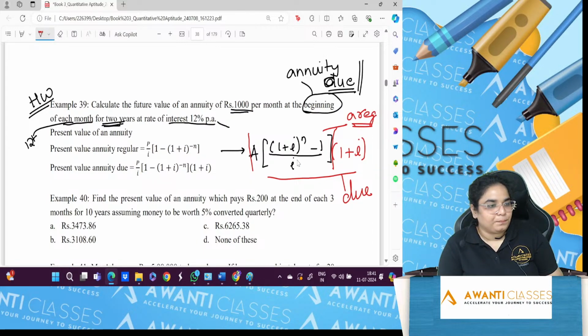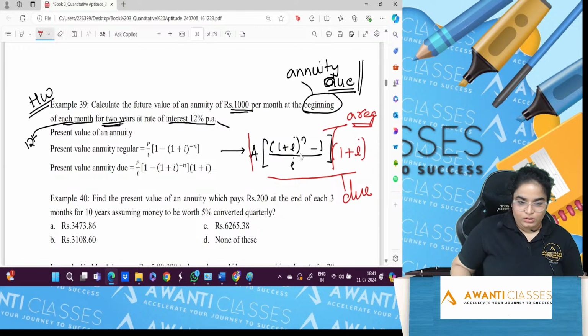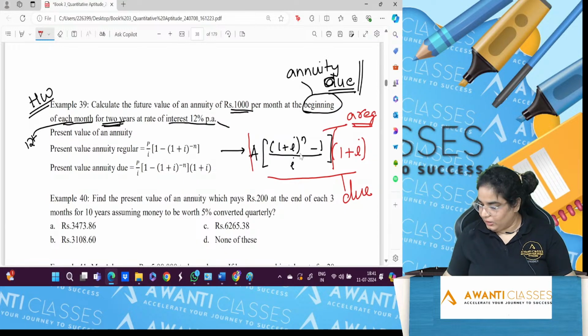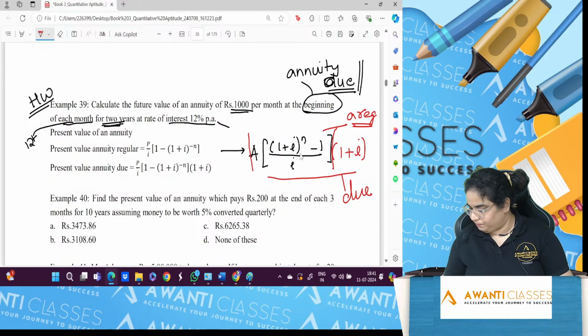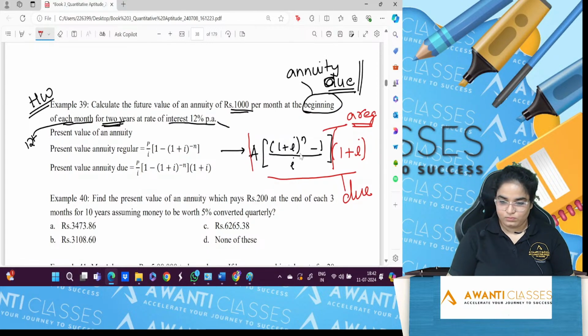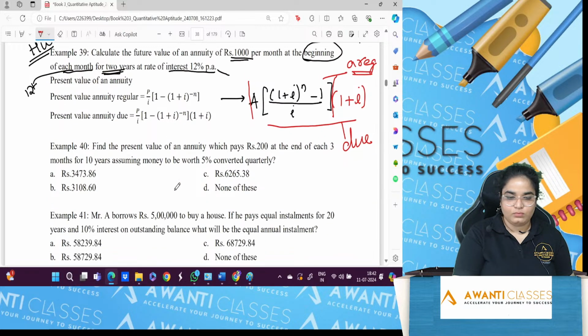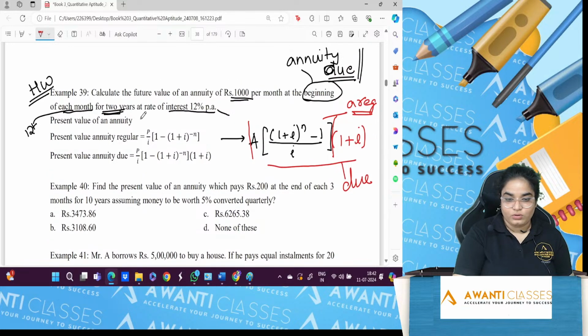Okay, great. So example number 39 is homework. Oh sorry, you can't use this formula, guys. Listen, we didn't see this properly. This is the present value formula.